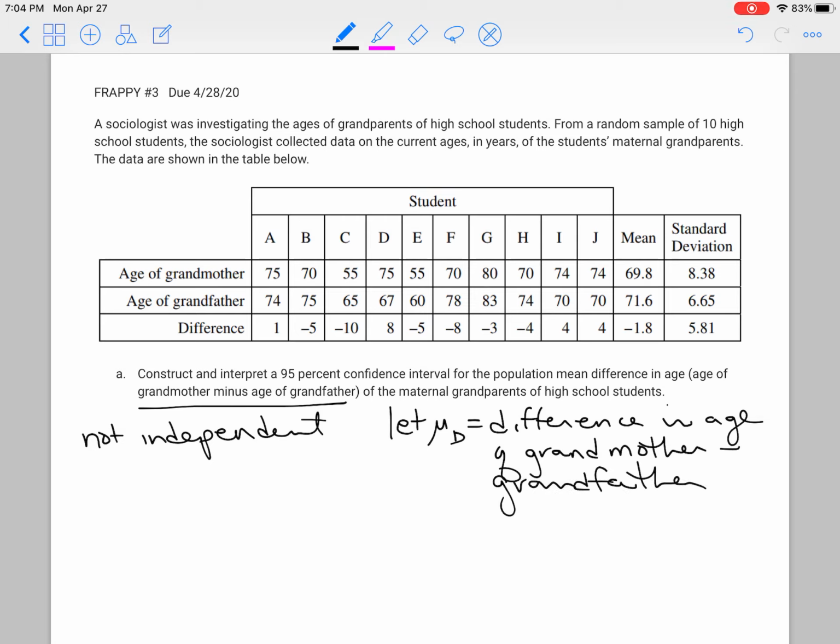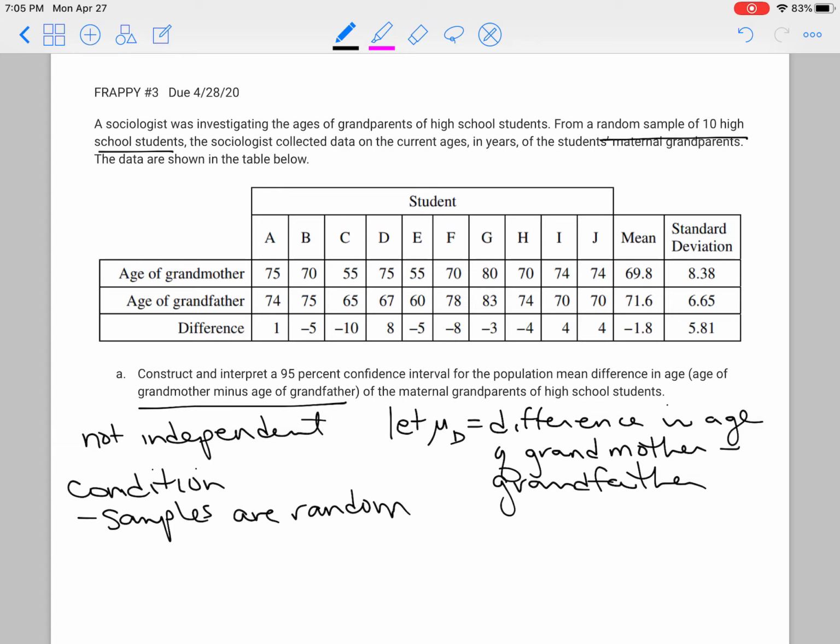So now let's do our conditions. The first thing is we need a random sample. And it tells us that's a random sample of 10 high school students.